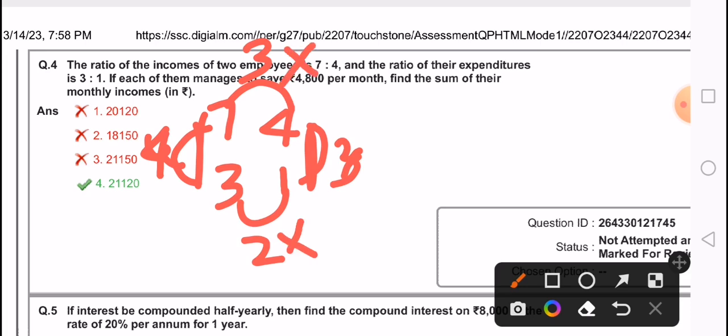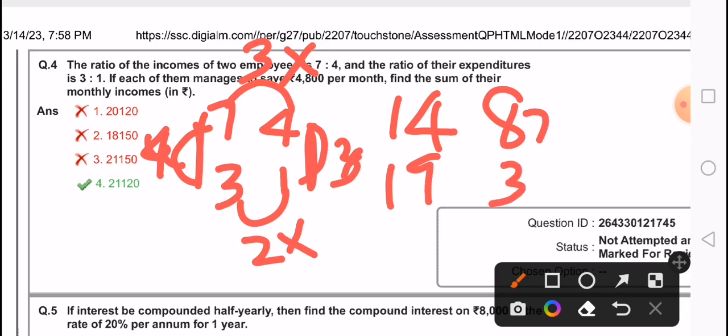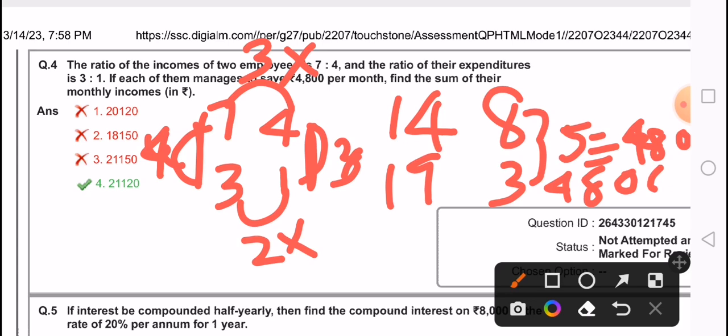So we get 14:8 and 9:3. So we see that now the difference is 5, and this 5 corresponds to 4,800, and therefore 1 corresponds to 4,800 by 5, so 960.